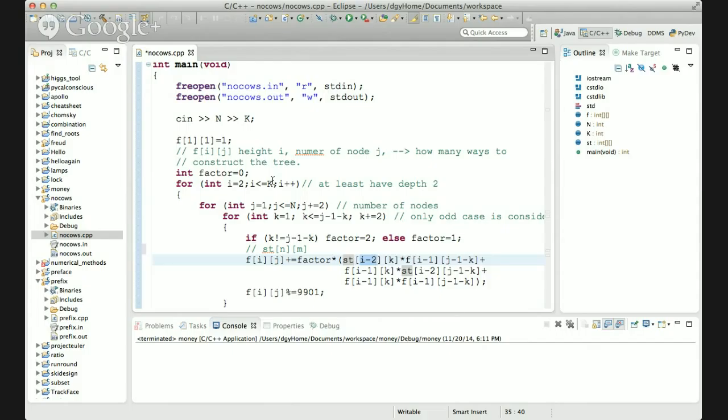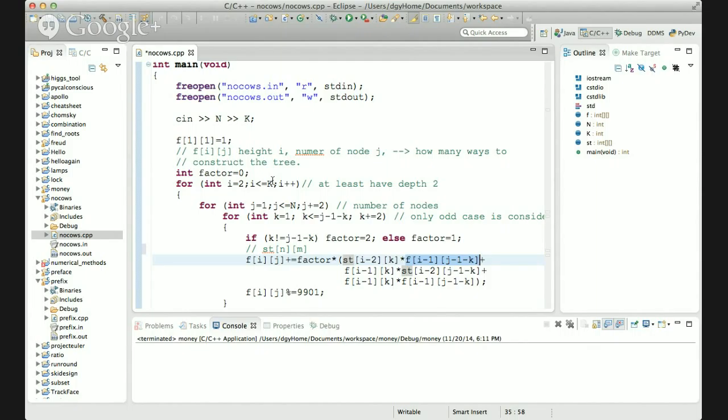All right, and this is the whole combination of your left times Fi minus 1, j minus 1 minus k, your right. That means your right has the height of I minus 1, and your left is less than that.